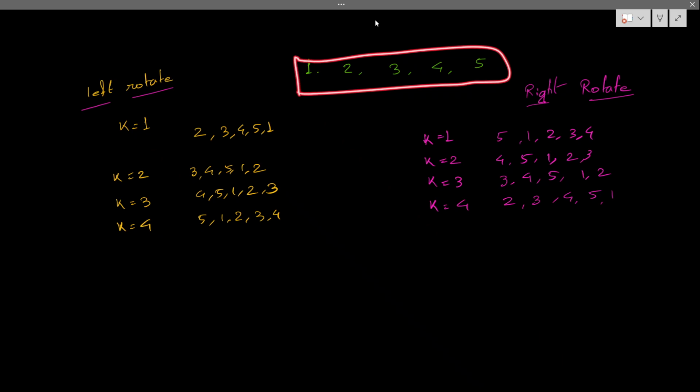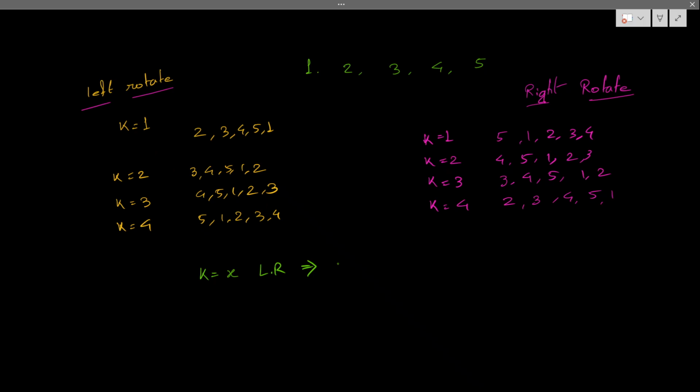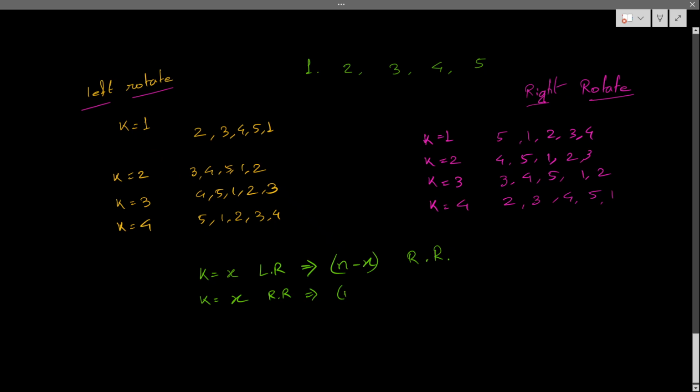So there is a thing: if I do k equals x left rotate, it is equivalent to n minus x right rotate. Similarly, k equals x right rotate is similar to n minus x left rotate.